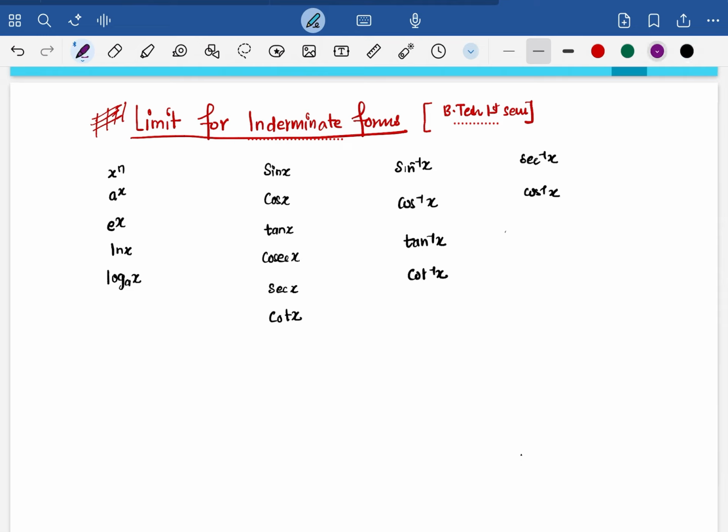Okay, so let me write down the differentiation of each, because these are the only differentiations that you will be needing in the L'Hospital's rule.